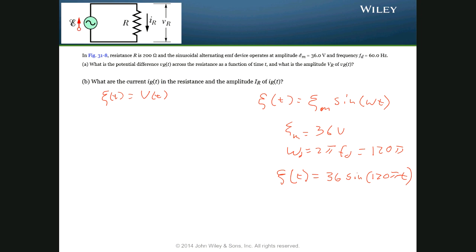All right? And we know that since these two things are equal, we can write that V_R will be equal to 36 sine omega t. Okay?